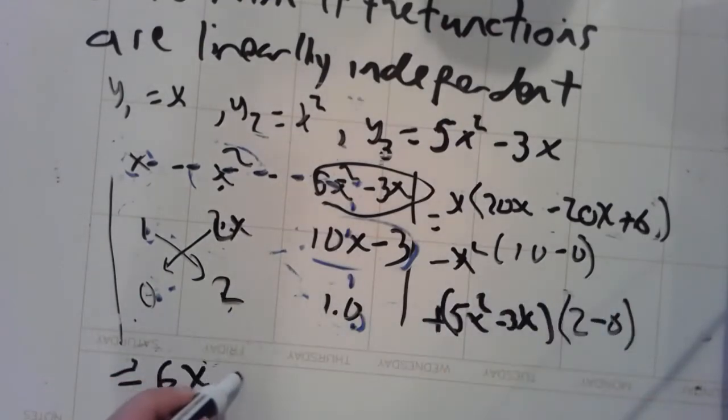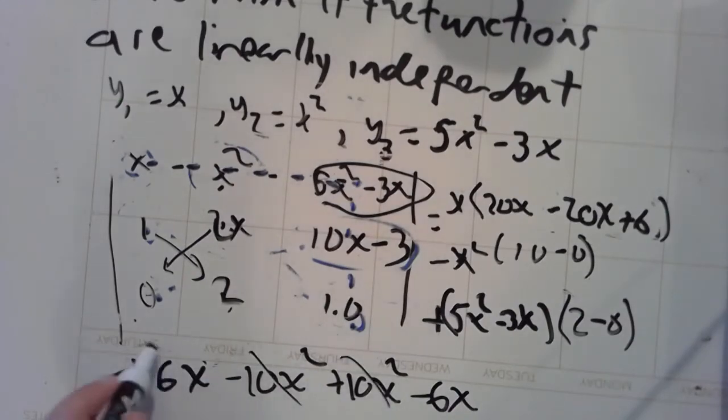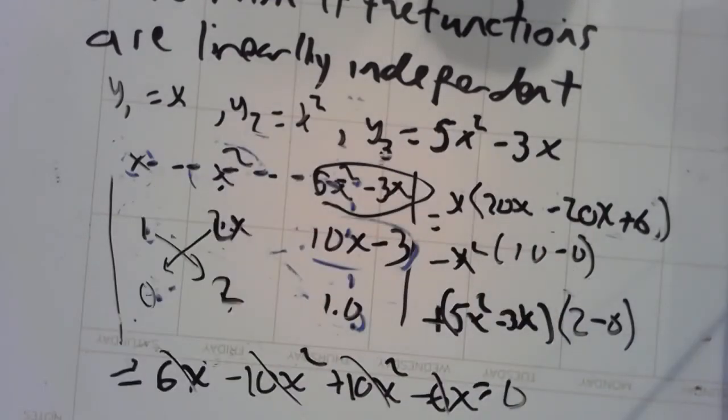From this next one, I get a minus 10x squared. And then distributing this 2, I get plus 10x squared minus 6x. Oh, look at that. Everything cancels and we get 0. So the Wronskian of these three functions is 0. That means these three functions are linearly dependent.